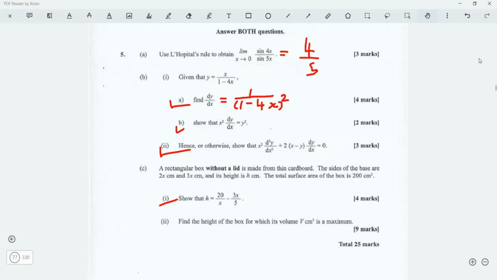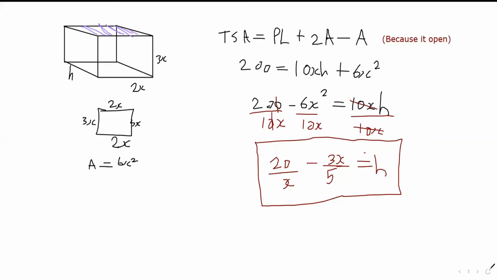Now it says find the height of the box for which the volume is maximum. To do that, first we need to find the volume formula. First thing, Marika, we have to remember that the volume of the box is length times width times height. That's volume, right? Length times width times height.